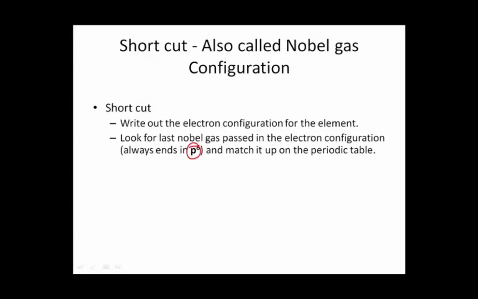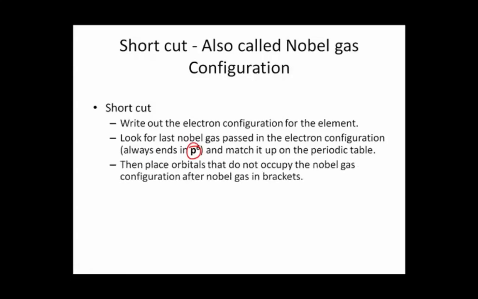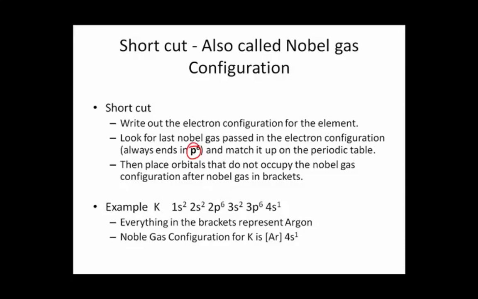So match that up on the periodic table. Then place the orbitals that do not occupy the noble gas configuration after the noble gas in brackets. So you're going to place the orbitals with those electrons after the noble gas, and the noble gas will be written in brackets.